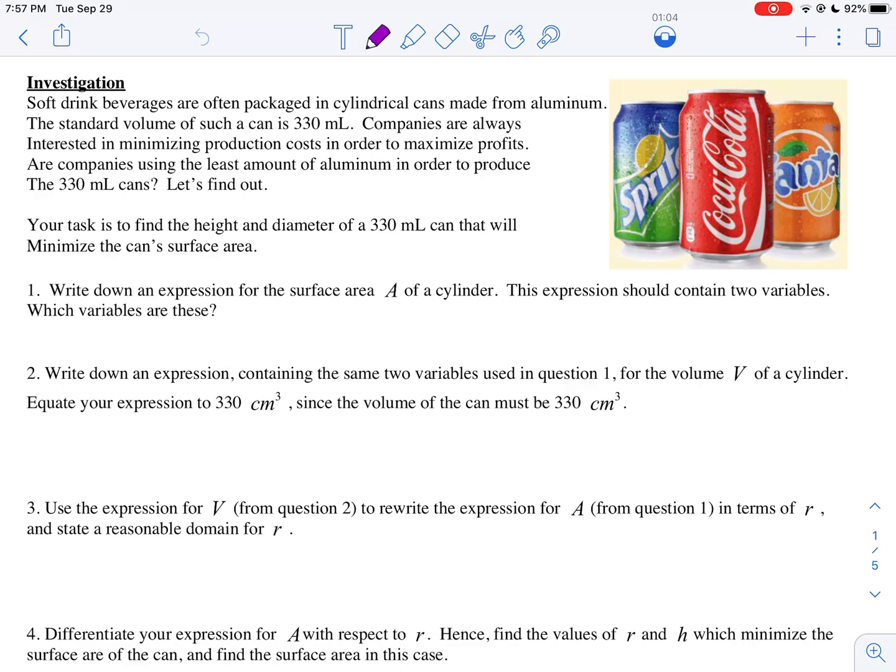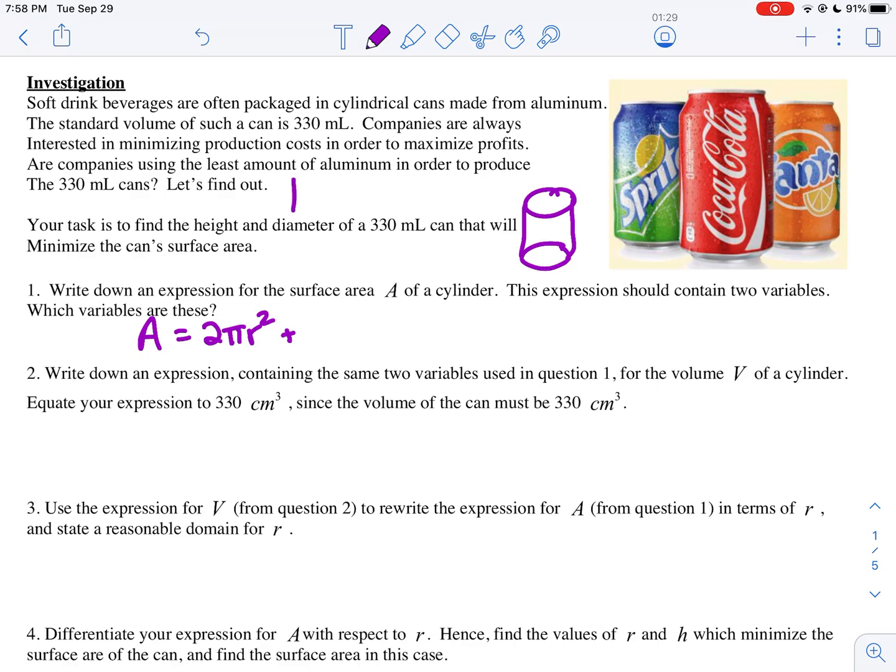So number 1 says write down an expression for the surface area A of a cylinder. This expression should contain two variables. So if you think about a cylinder, you know that you're going to have two circles, so that would be 2 pi r squared.